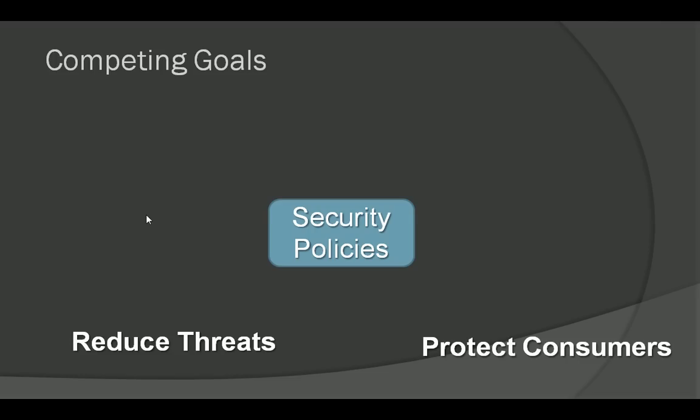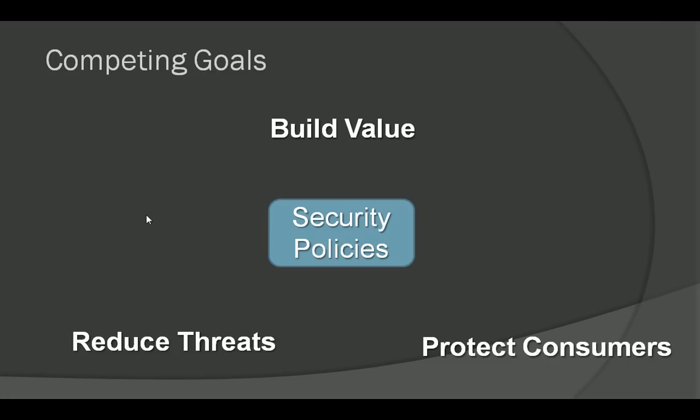We also want to protect consumers. Maybe we don't want to protect consumers all the time, but regulations certainly do that. So we've got regulatory pressures on our organization, and we've got these nefarious threats putting pressure on us. And on top of all that, probably the biggest thing pushing down on us is building value for the company.